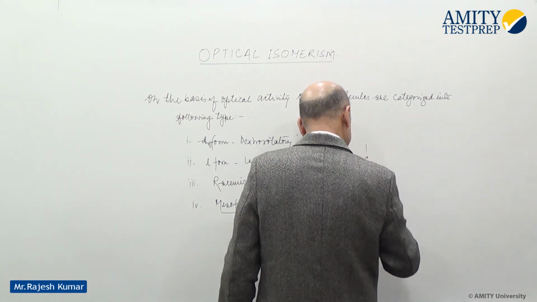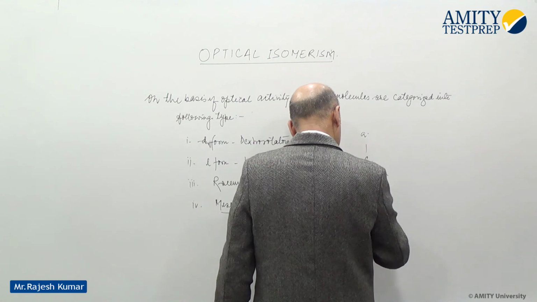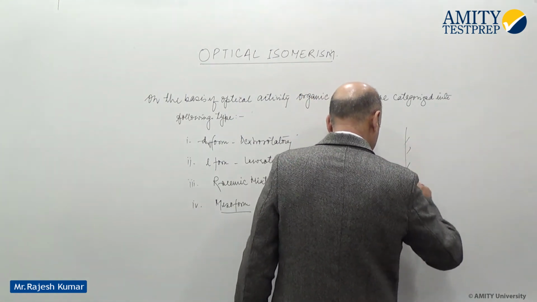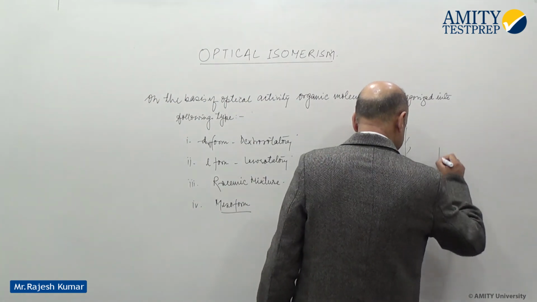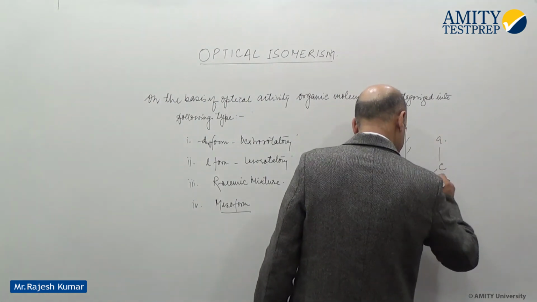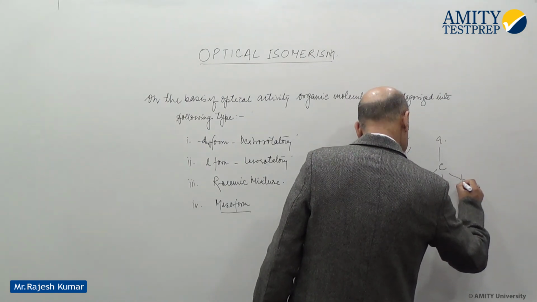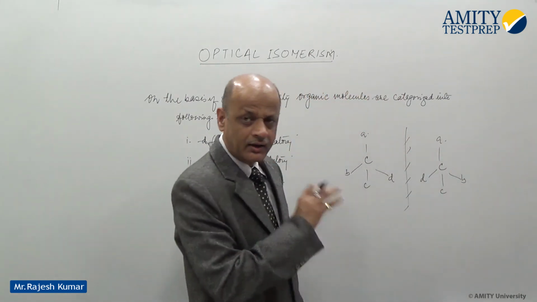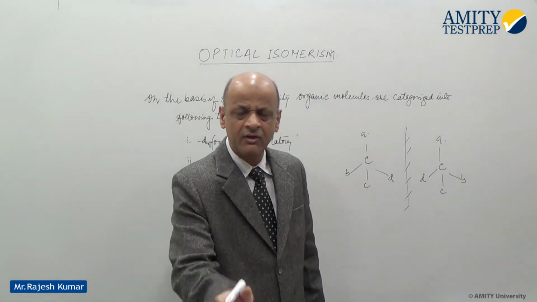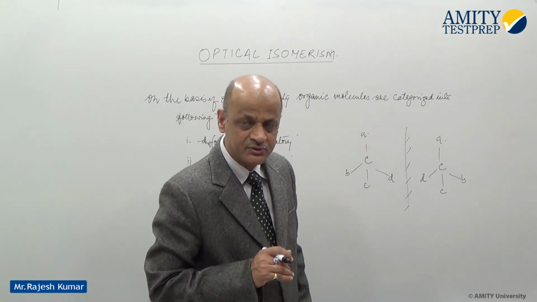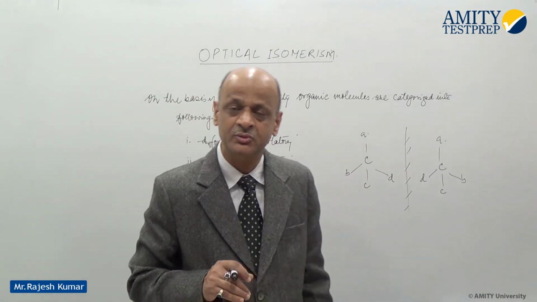This is the carbon here. Its non-superimposable mirror image is like this one here. So both are dissymmetric, having no element of symmetry, and both are non-superimposable mirror images of each other. Such molecules are said to be chiral.